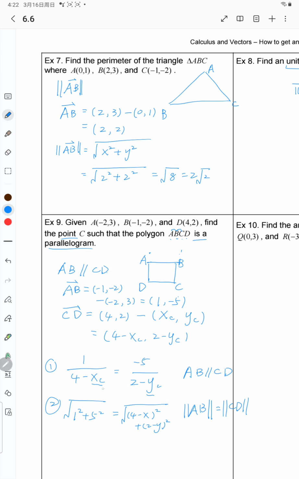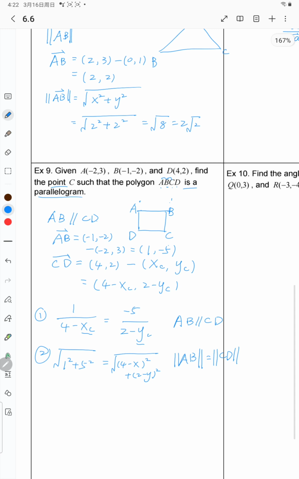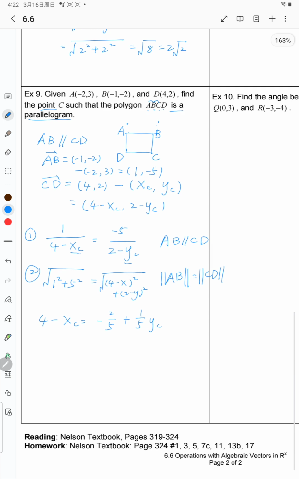So for the first equation, we're just going to write xc as a function of y, and then we plug this back in, right? So we're going to have 4 minus xc is equal to negative 2 over 5 plus 1/5 yc, right?